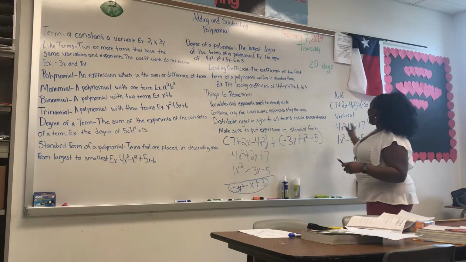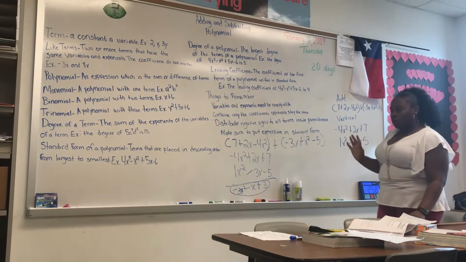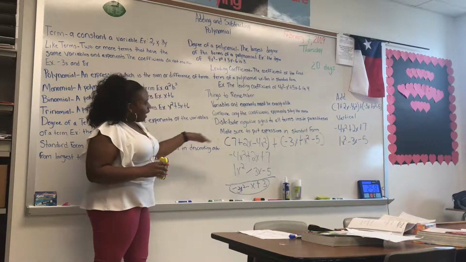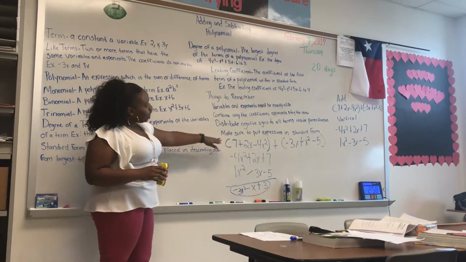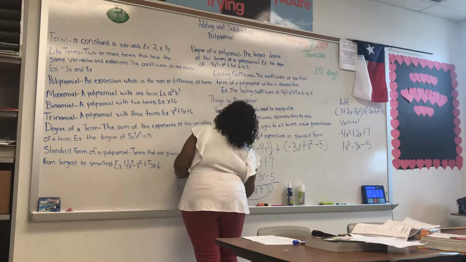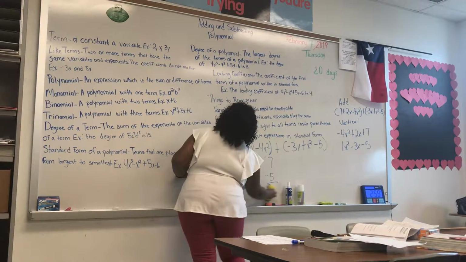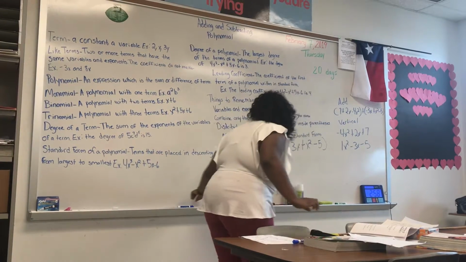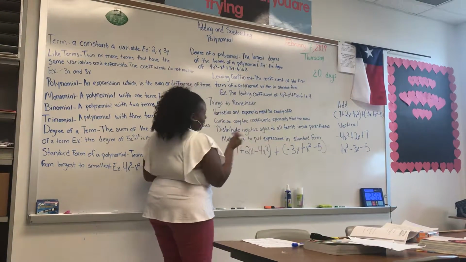And what I like to do when we're doing horizontal form, I like to go ahead and underline my terms once I have them in standard form, which is like this, the same way.